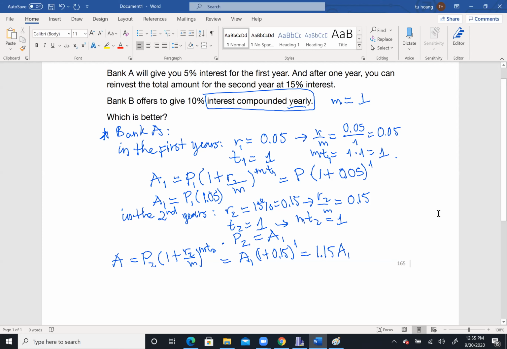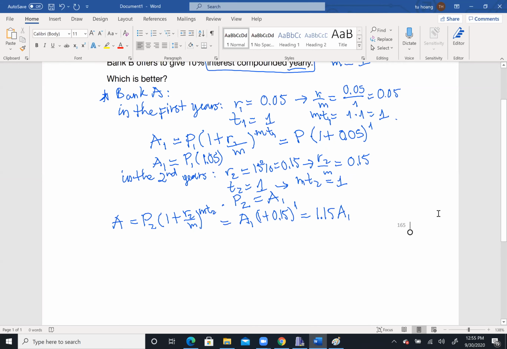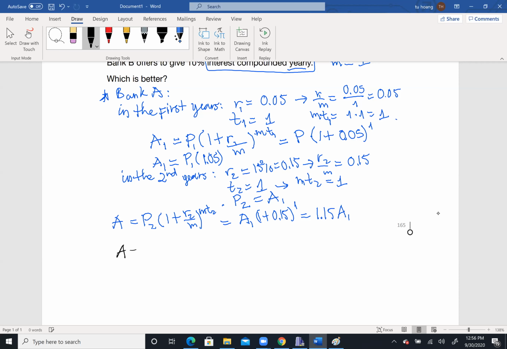Okay. So now if I have A equal to, let me rewrite the function. A equal to 1.15 A1. Right? And if I want to have the function or equation of A from the original P, from the first initial amount, which is P1 here, P1 is initial amount.